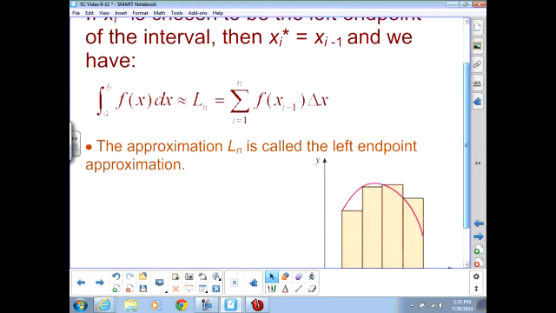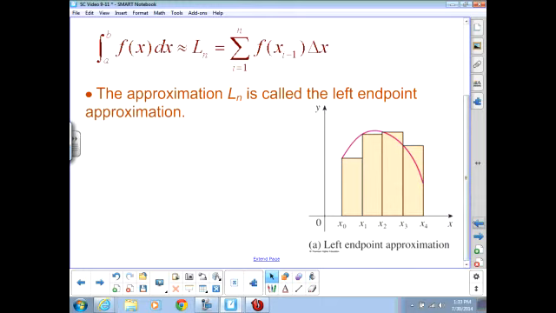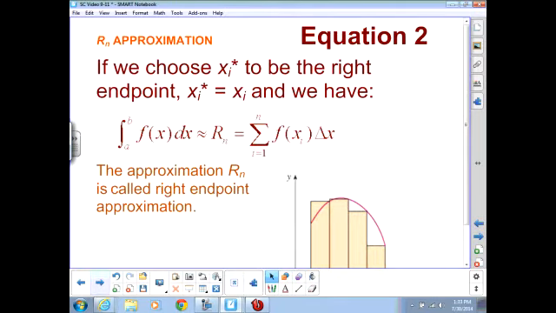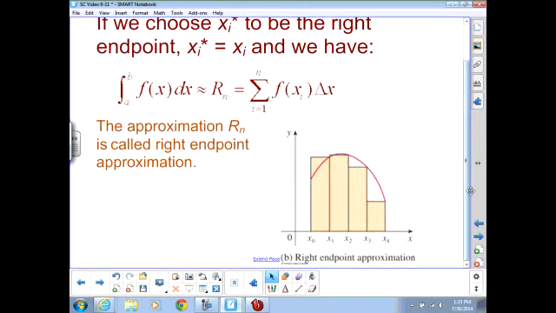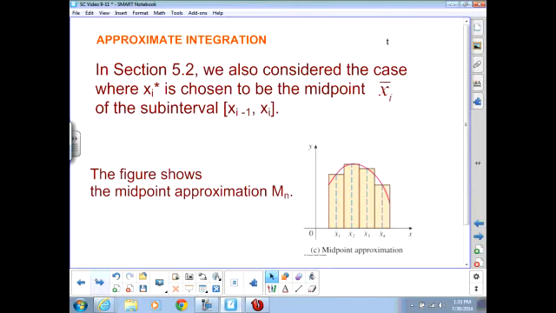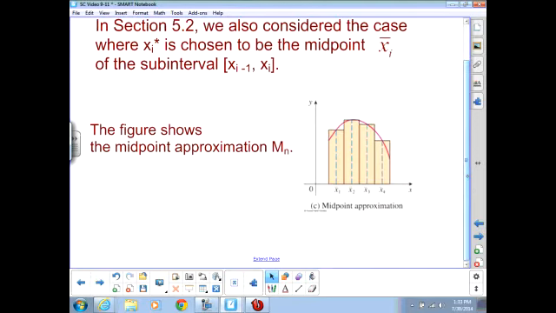We started out looking at doing left-hand endpoints, where we picked the left-hand endpoint in each interval to determine the height. We also saw right-hand endpoints to help determine the height. And then we've also seen midpoints, where we took the midpoints of the interval to find the heights. So those are three ways we've already seen.